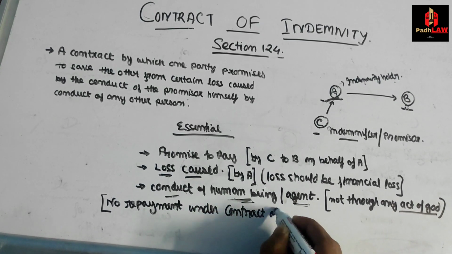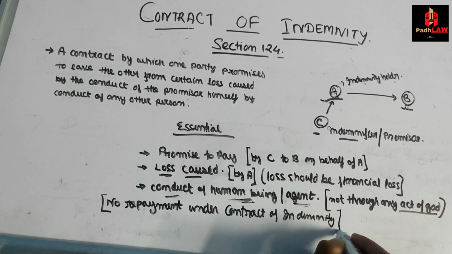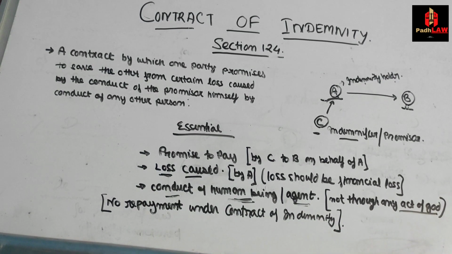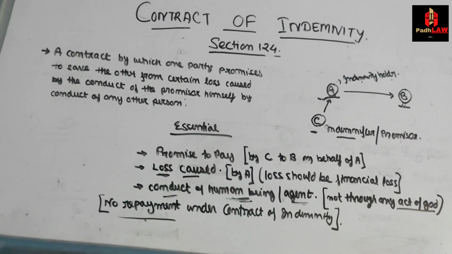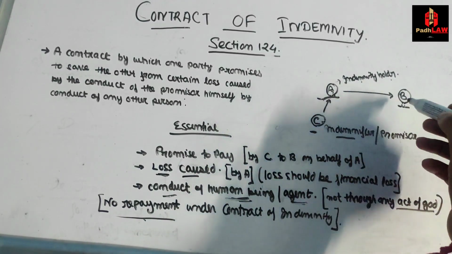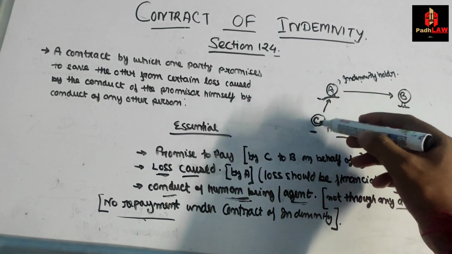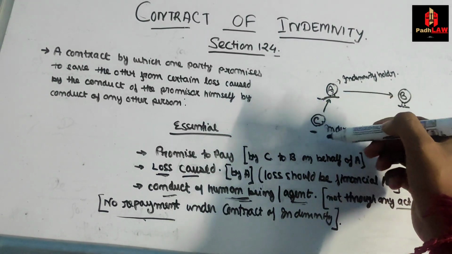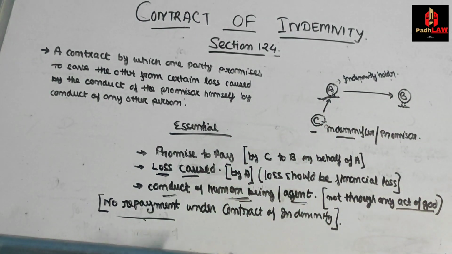Contract of indemnity के अंदर repayment नहीं होगा. Repayment मतलब ये MCQ कुछ क्वेश्चंस या कुछ एग्जाम्स में आ सकते हैं कि can there be any repayment under contract of indemnity. There is no repayment under contract. Repayment मतलब C has paid something on behalf of A to B. C ने pay किया B को. अभी C A से नहीं मांग सकता क्योंकि C had promised that he will pay. So there is no repayment.